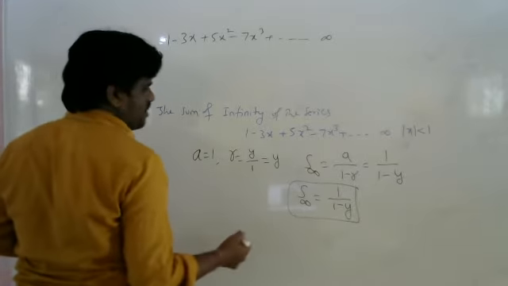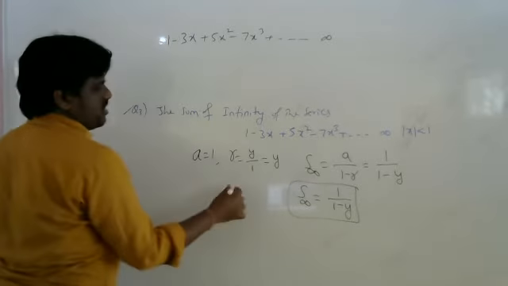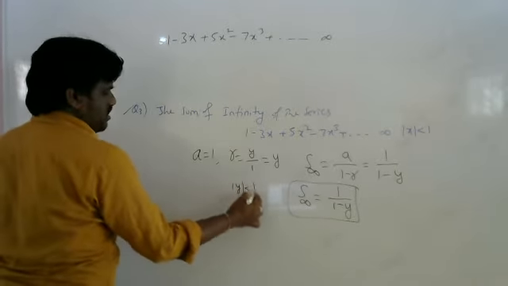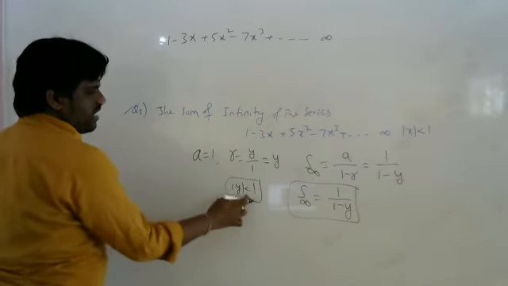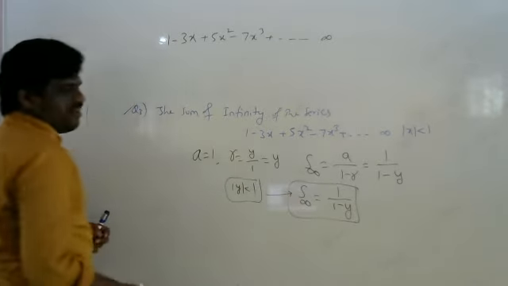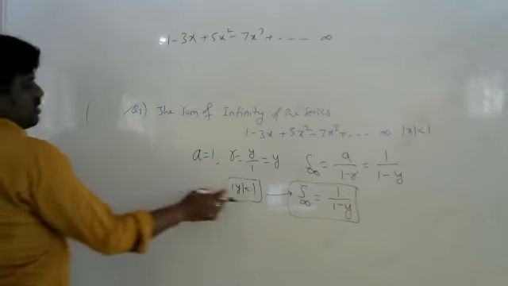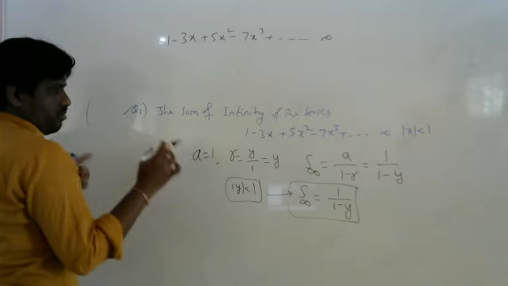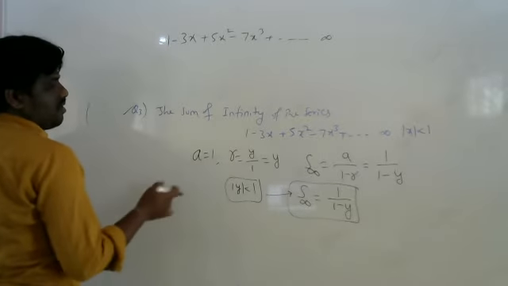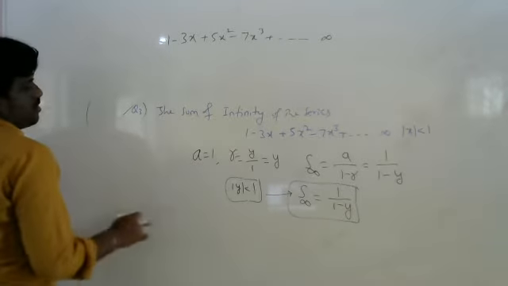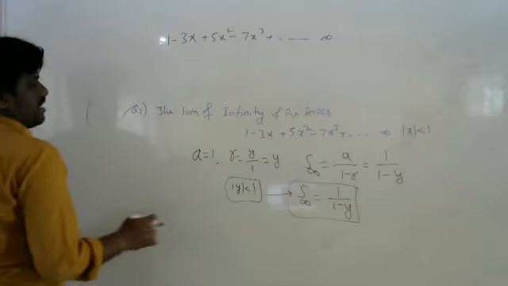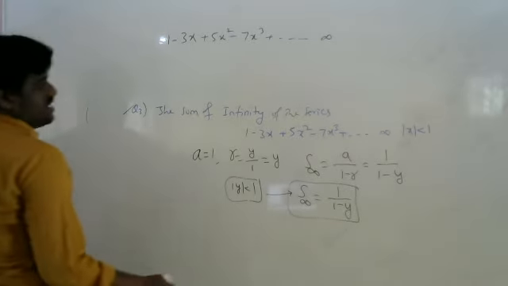That is a condition, because whenever a variable is there, they will give mod y less than 1 in the question. Only then can you apply the S infinity formula. Otherwise S infinity will not exist. The rule is that mod r is less than 1, so r is between minus 1 and plus 1, and only then does the infinite sum exist.